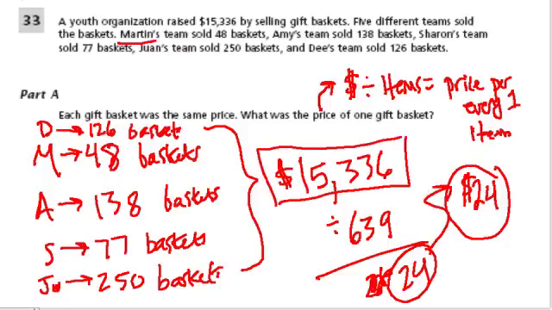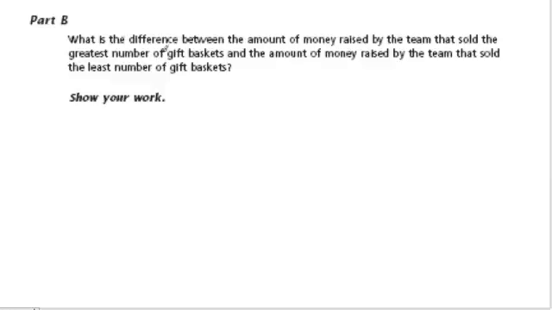Now, the second part of this question says, what is the difference between the amount of money raised by the team that sold the greatest number of gift baskets and the amount of money raised by the team that sold the least number of gift baskets? So let's go back. We know that for every basket we sell, we get $24.